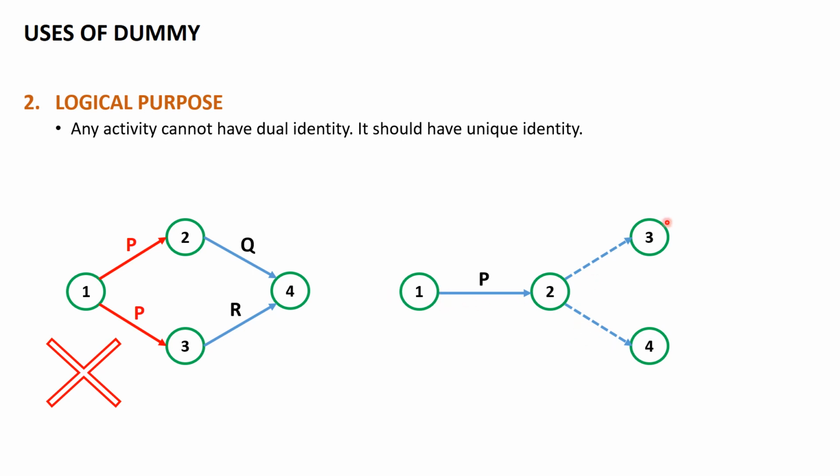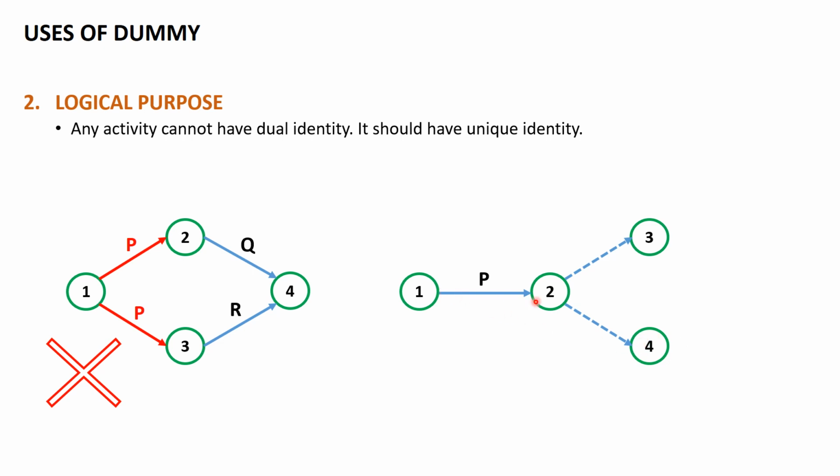It is not that it is sharing the resource. One needs to keep in mind that if I have two dummies through one single activity, it doesn't mean that 50% of the resource is going towards event number 3 and 50% towards event number 4. It is not so.